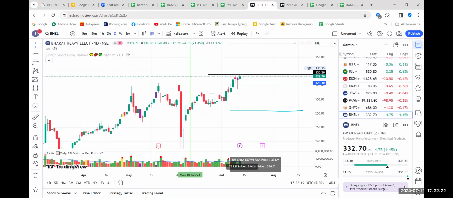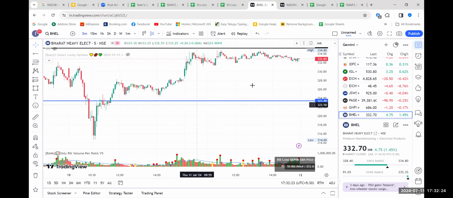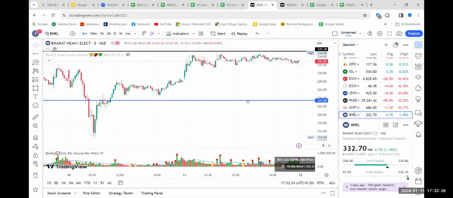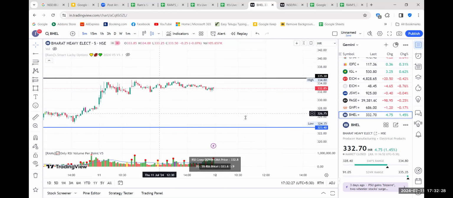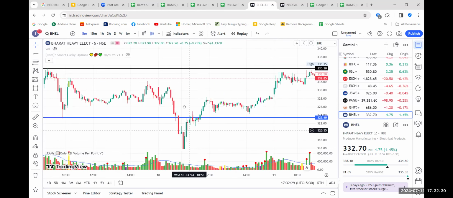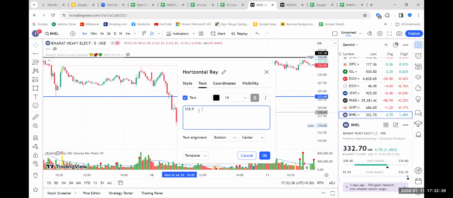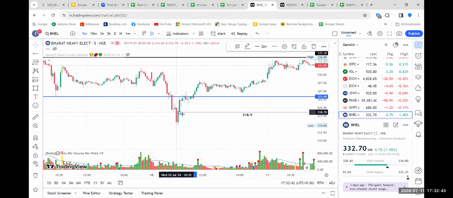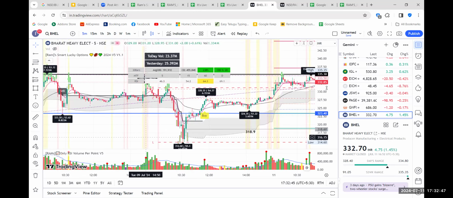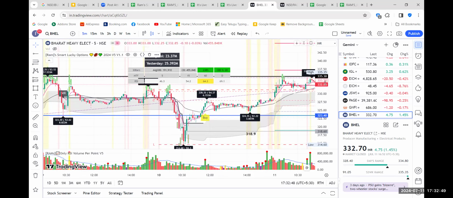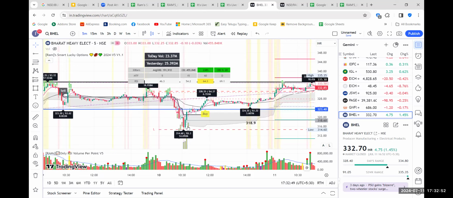So let's go to the lower time frame. It is 318, right? Yes. See how beautifully it is reversed.